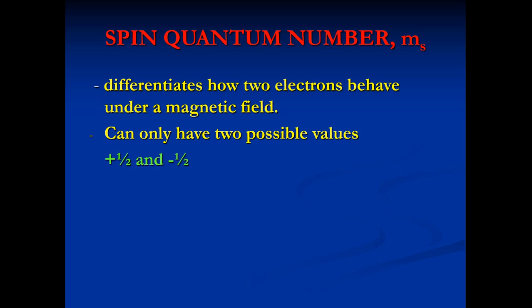Remember, when you are arranging electrons in boxes, normally one is pointing up and the other one is pointing down. The arrowhead pointing upward is plus half, and the one pointing downward is minus half. That is why no 2 electrons in an atom can have all 4 sets of quantum numbers the same. Therefore, at least they must have a different spin.